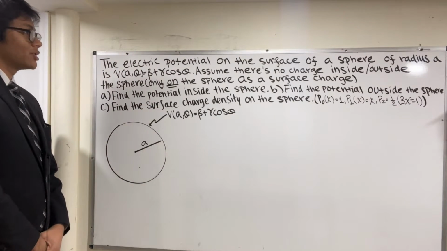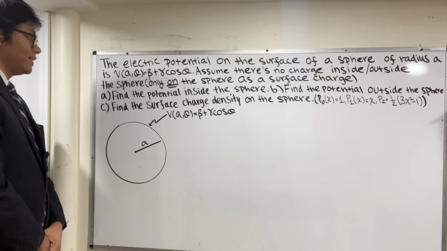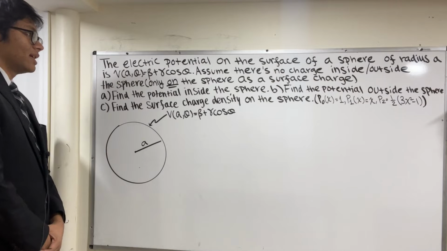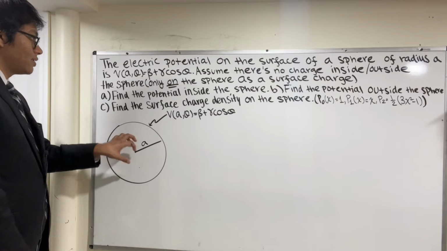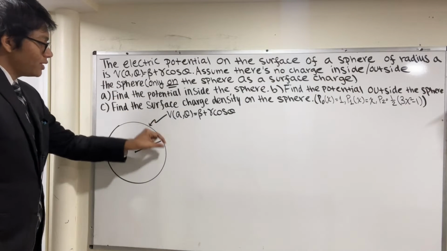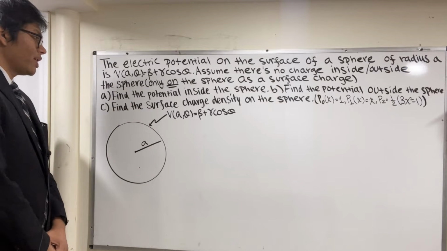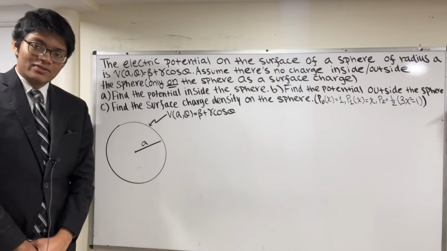The electric potential on the surface of a sphere of radius A is given as B plus gamma cosine theta. Assume that there is no charge inside or outside the sphere, only on the surface of the sphere as a surface charge. For part A, we have to find the potential inside the sphere.